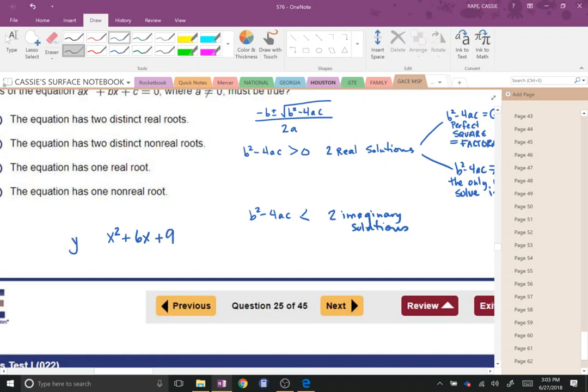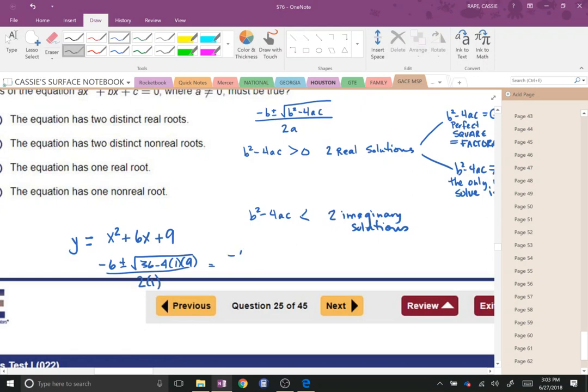If you do the quadratic formula here, let's just see what happens. Negative b plus or minus the square root of b squared minus 4 times a times c, all over 2 times a.